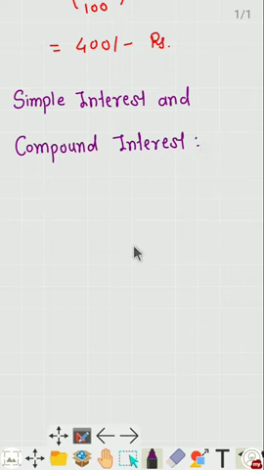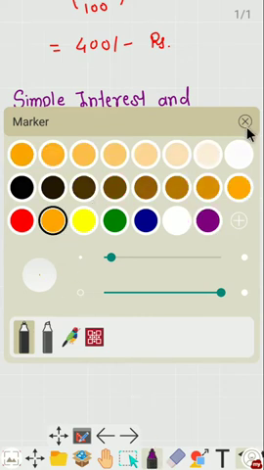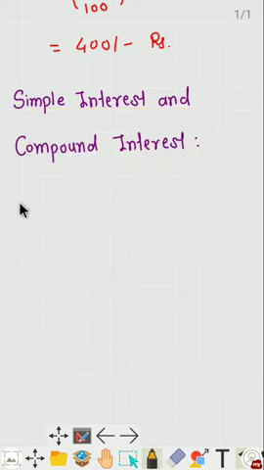So first of all, we discuss what is meant by simple interest. So simple interest is always calculated on the principal.